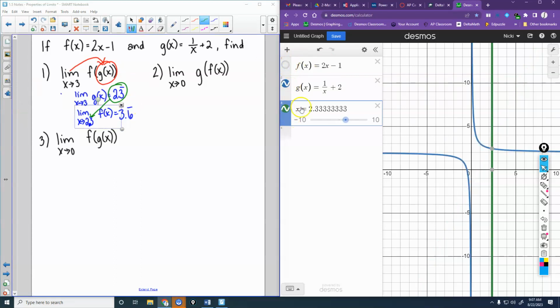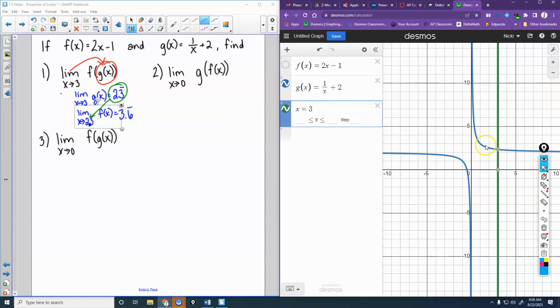If I look at that first thing I did, as x approaches 3, when I approach 3 from the left, are my y values higher or lower than 2.3 repeating?